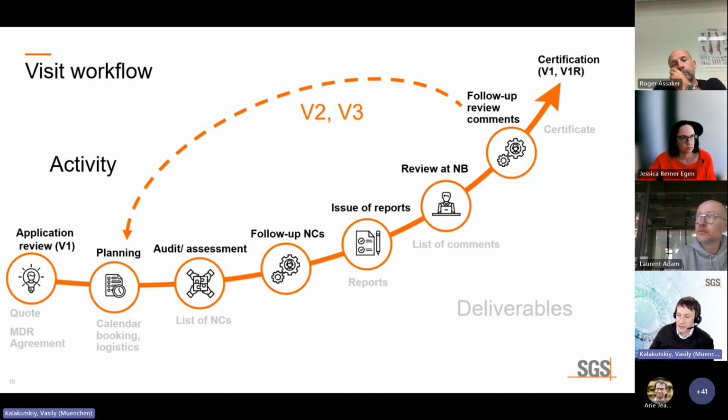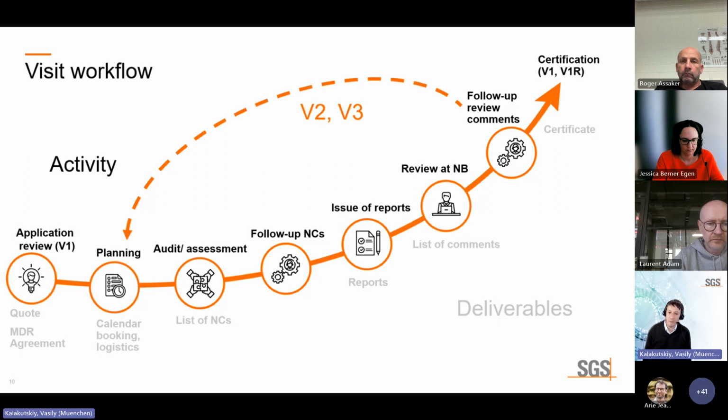Then the audit takes place, the main thing. And the output of the audit is basically the list of non-conformities, which are followed up from both sides, and after they are closed out or put into proper state, so to speak, the audit reports are issued. So the customer gets the audit reports and assessment reports. And then we proceed with the review at the notified body.